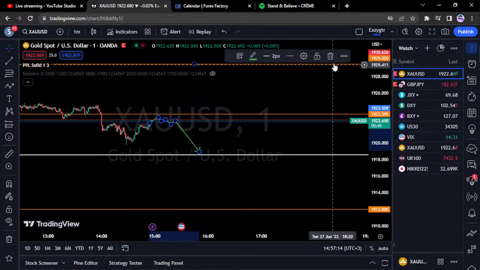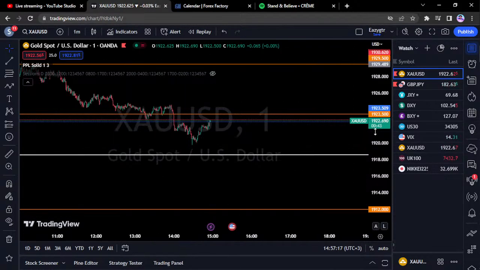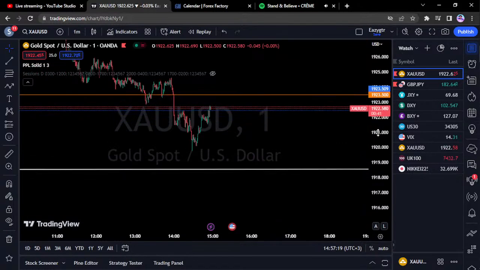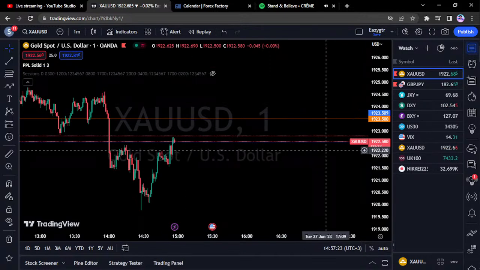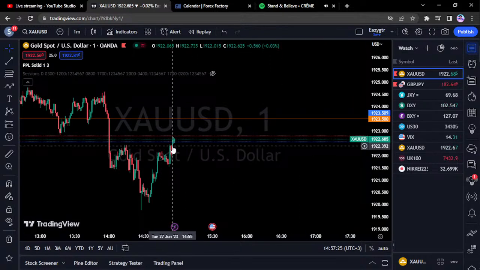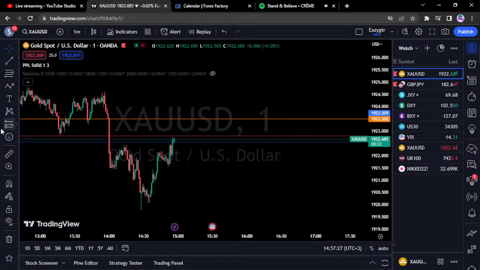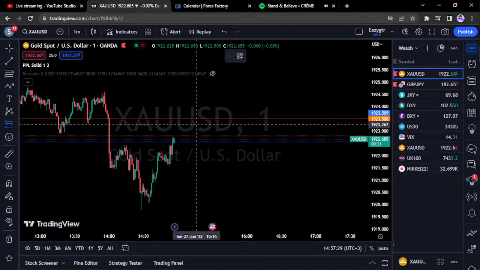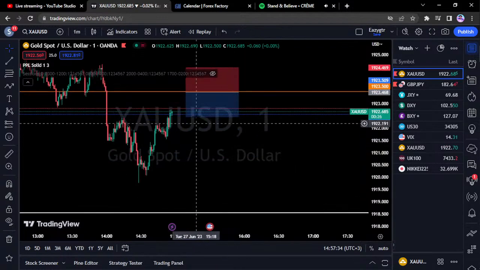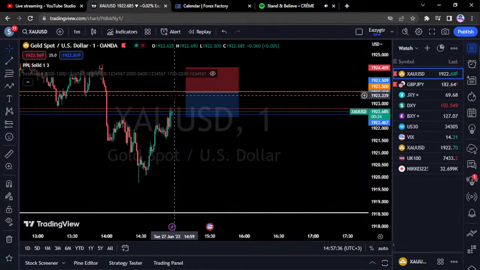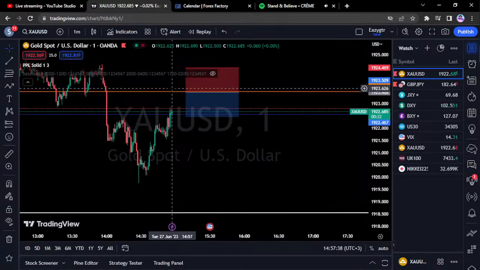Okay, so let's sit patiently waiting for our setups. Gold needs to make its way to 1923.500. Okay, don't just execute blindly. Watch the price action at 1923.500 plus or minus 10 pips.